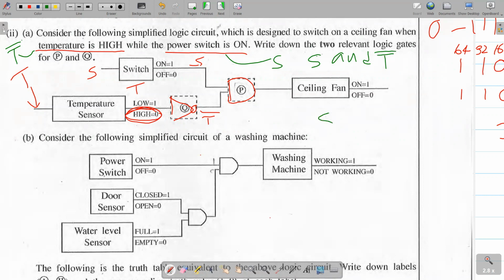So S and T bar means S dot T bar. Clearly Q is going to be a NOT gate and P is going to be an AND gate.